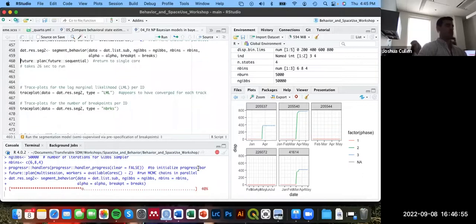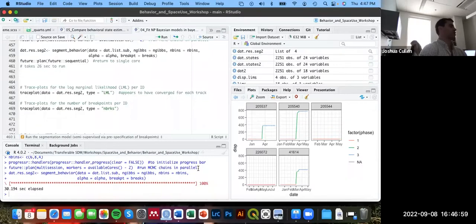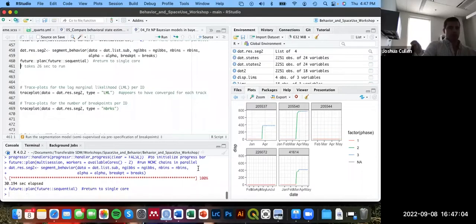In general, the larger the number of bins and variables you're using, the longer the runtime for your model to finish. All right, so that's done.